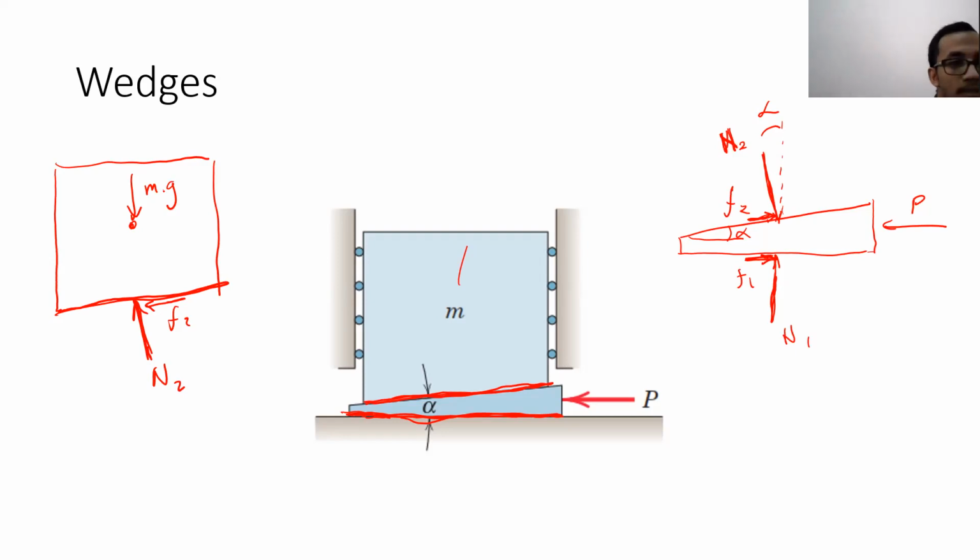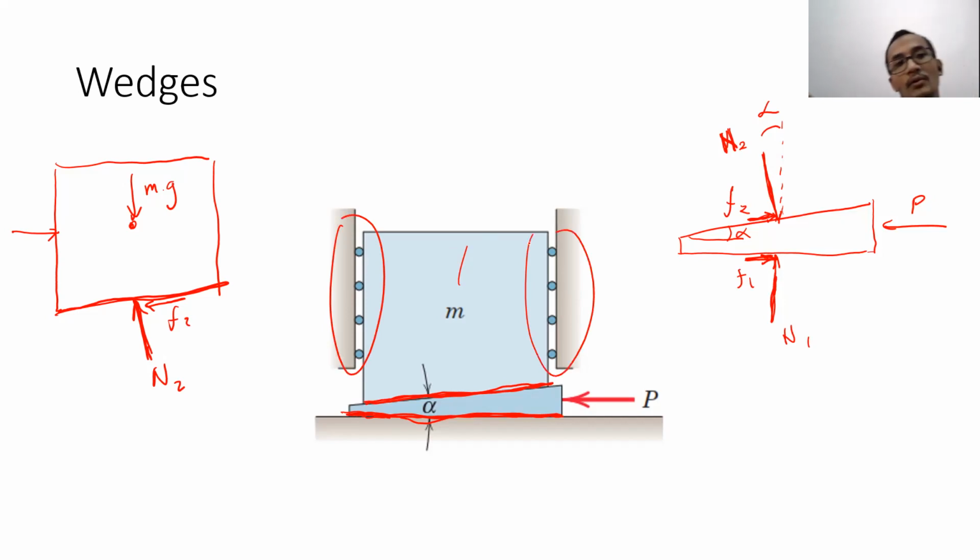Because there is no friction there, I will put just one force to represent the roller force on the left and the right. So this is the roller reaction R.